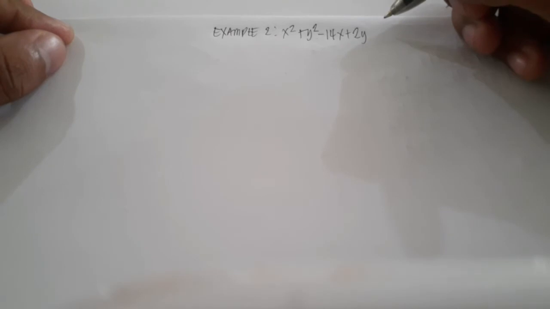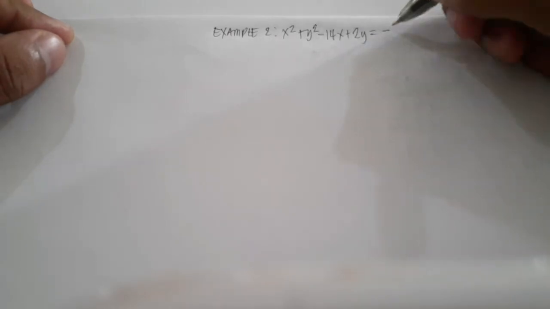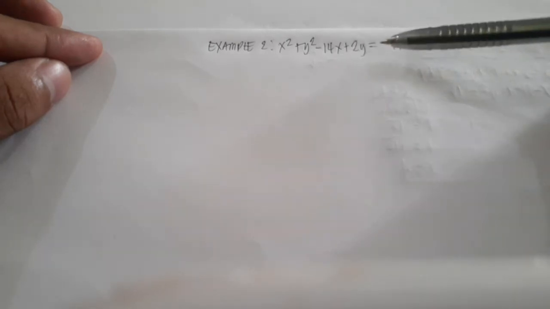Okay, so let's have here example number 2. x squared plus y squared minus 14x plus 2y equals negative 14. So as I said earlier, we need to separate the expression with variable x from the expression with variable y.